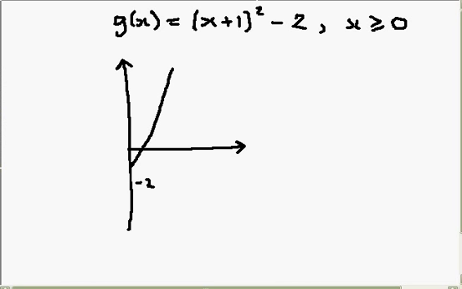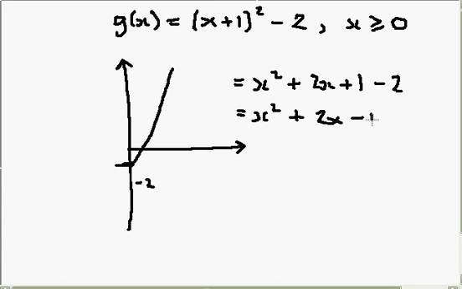What I need to make sure of is where this curve cuts the y-axis. So where is this point here? In order to do this, I'm going to have to multiply out the brackets, because what I'm going to get is x squared plus 2x plus 1, and I've still got that -2 on the end. So x squared plus 2x minus 1. So this point is -1.